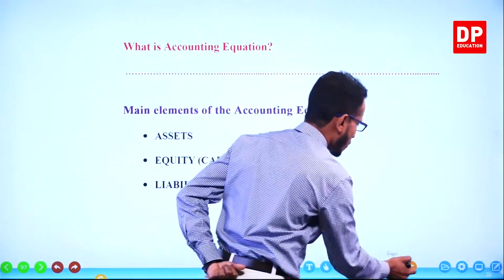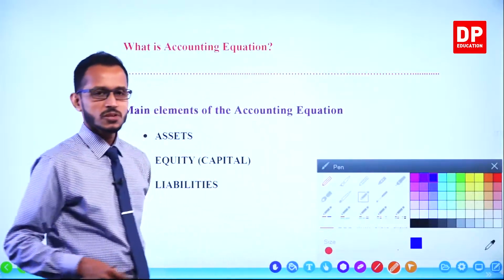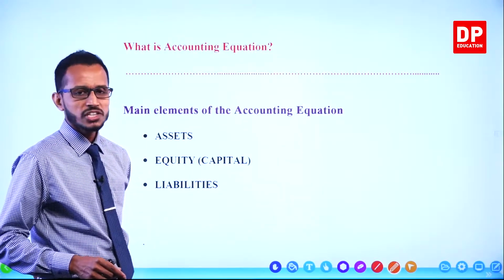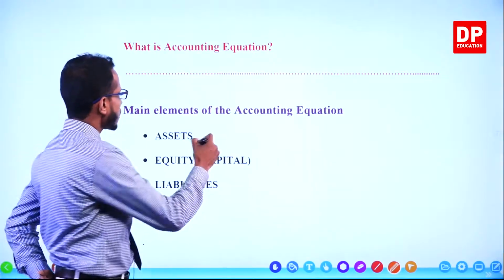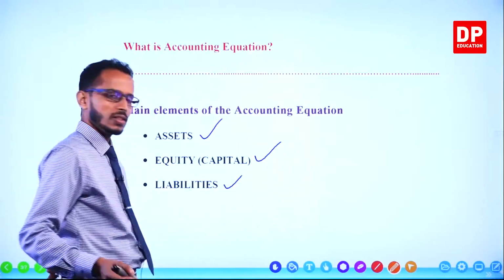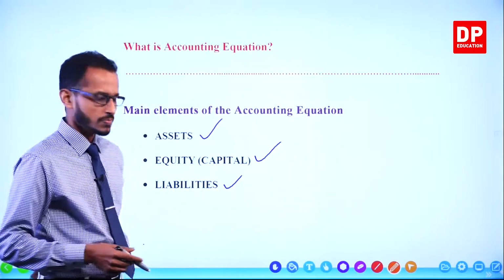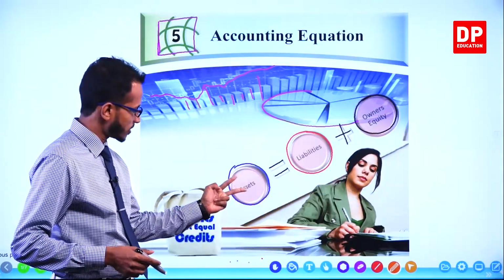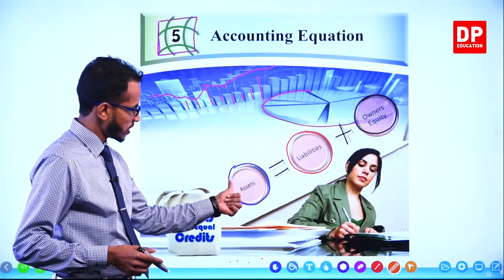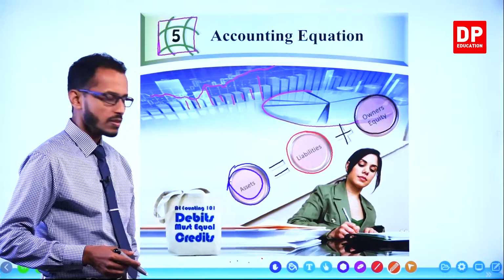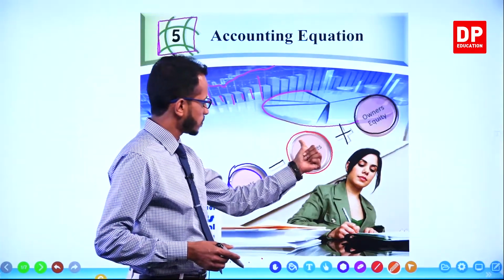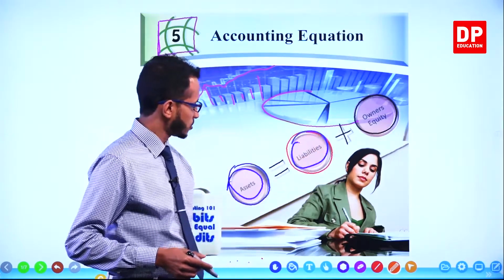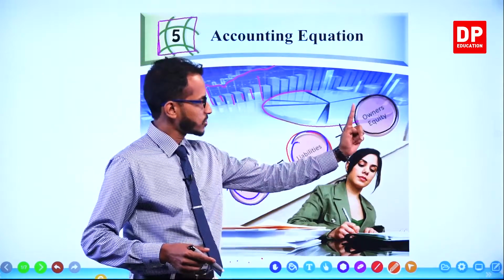First, I'm going to move on to the main elements of the accounting equation. As you know, we saw all these three elements on the cover page. I have circled assets, liabilities, and equity.